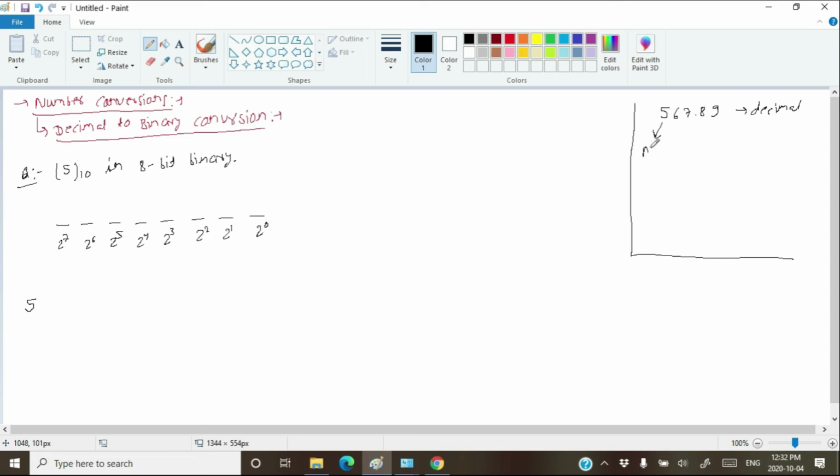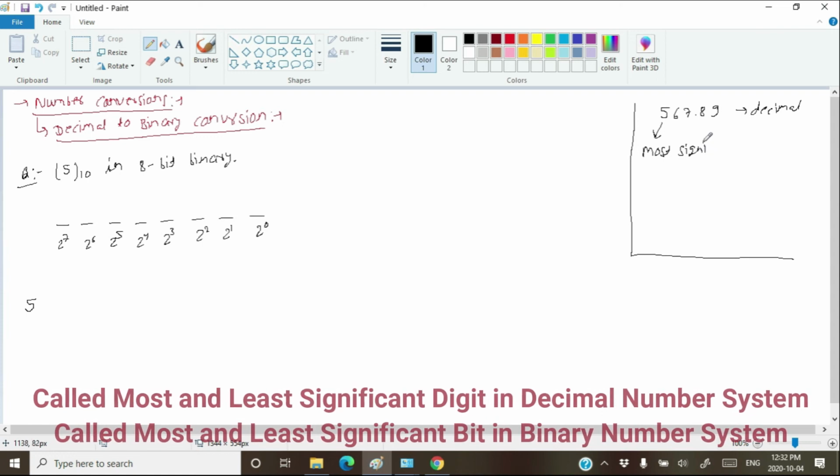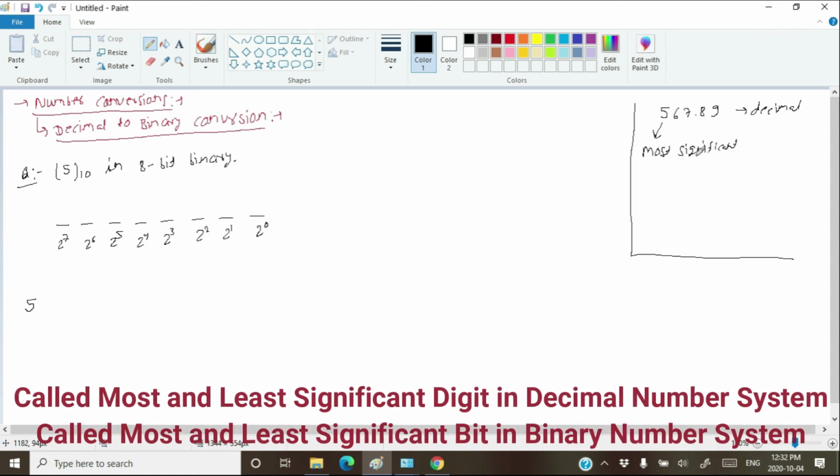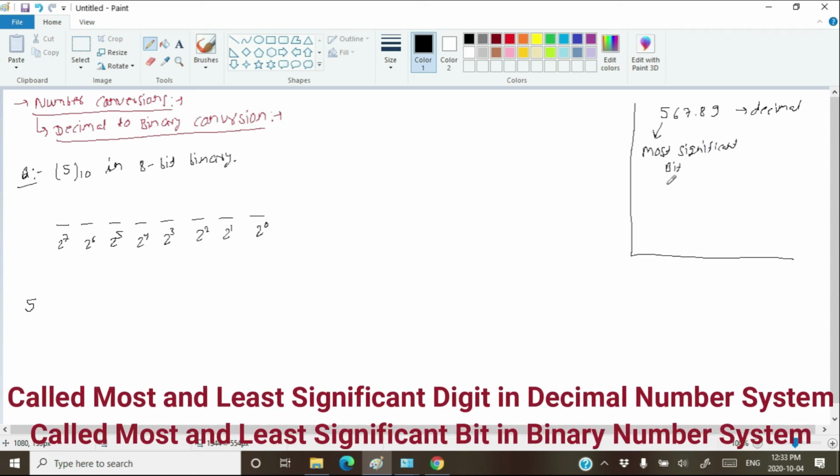So this is the most significant digit, and this is the least significant digit. That means if you change 9 to 8, you will be changing your number by just 0.01.